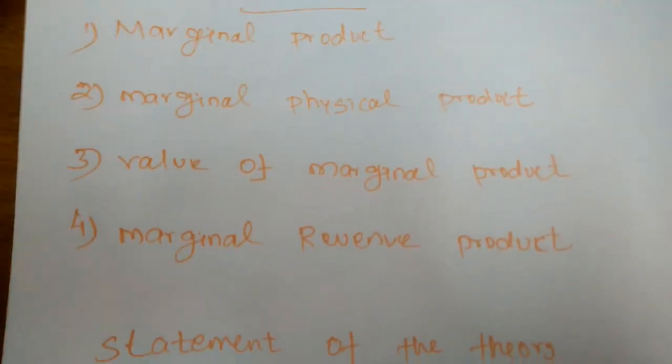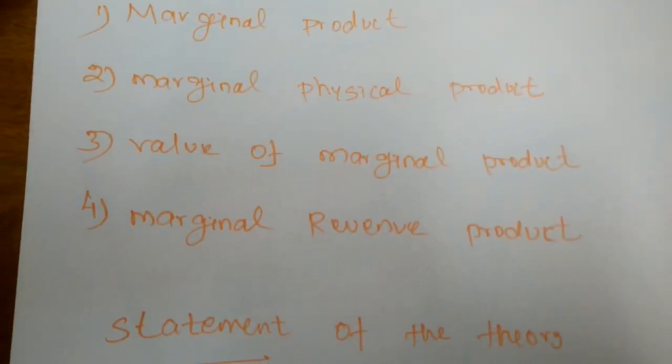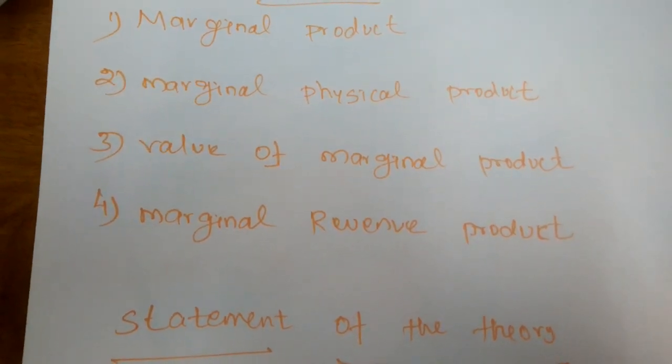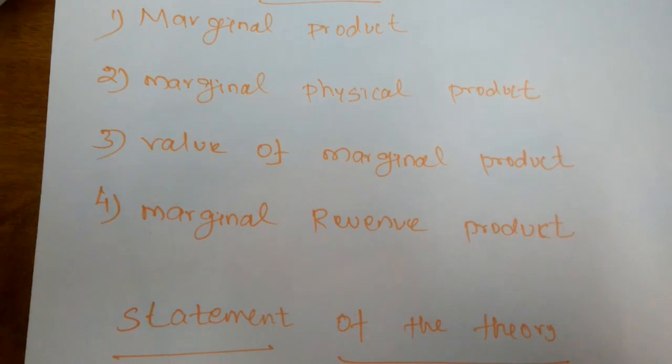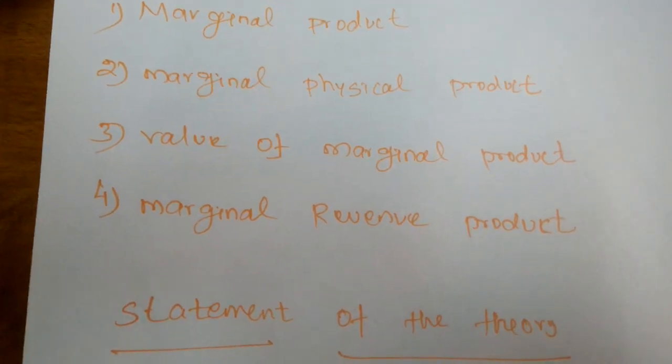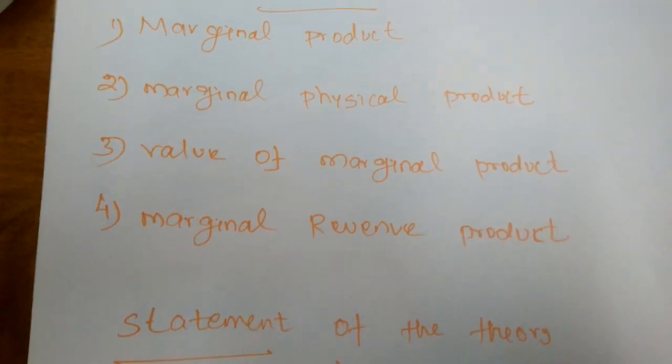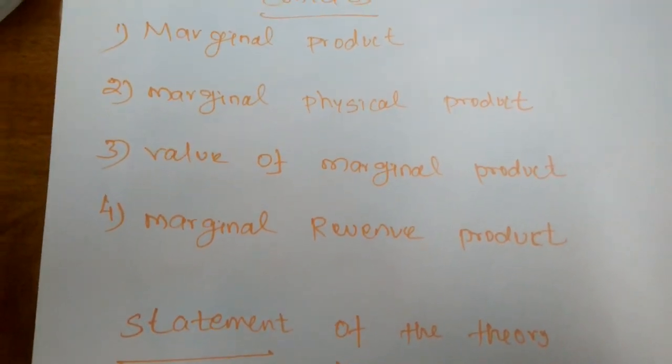For example, now when we are arranging 5 labor, the 5 labors are producing 10 units of product, or 10 pencils. And when we are arranging one more labor, the one more labor will also produce 2 pencils.